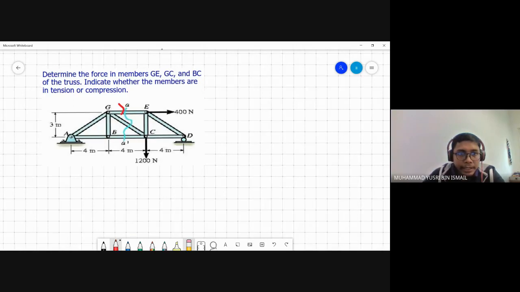But before you determine the forces at GE, GC, and BC, you need to apply the global equilibrium. Don't forget as well to draw the free body diagram.